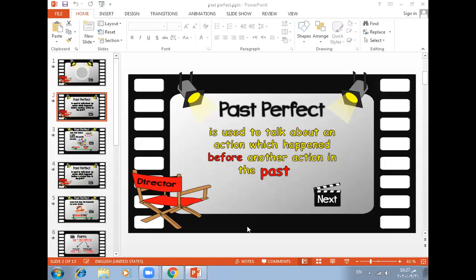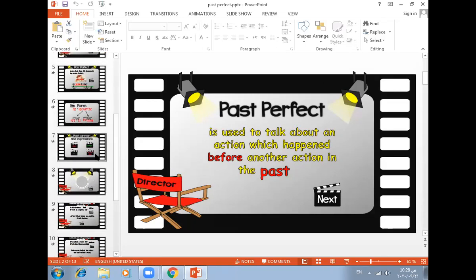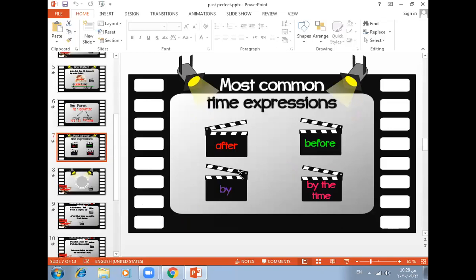So we use the past perfect when we talk about two actions. An action happened before the other action in the past. And you can use the past perfect when you see after, before, by the time, and by. After, we use past perfect or past simple?